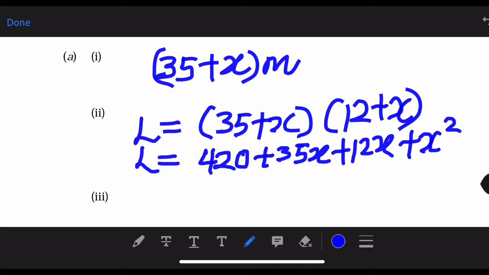So the answer is x squared plus 47x plus 420. So the next question is asking, if the area of non-swampy area is 650, find the value of x.